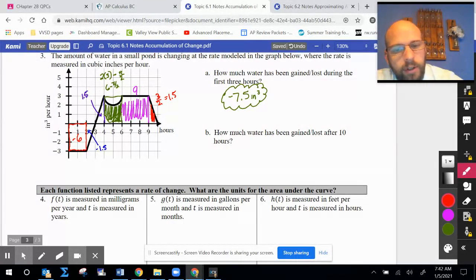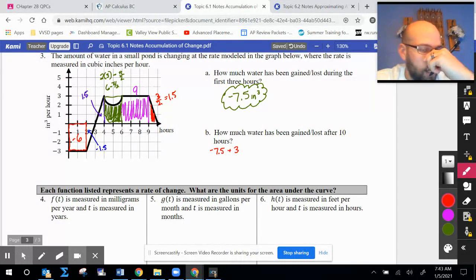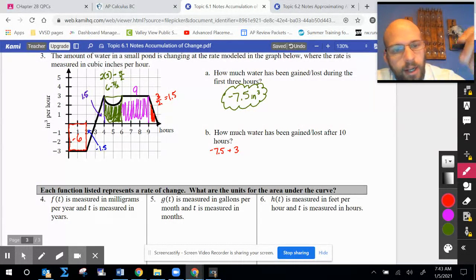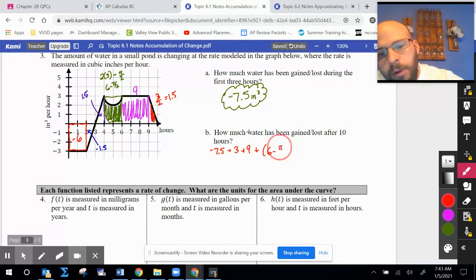So I have the negative 7.5 from part A. Then I'm going to add 1.5, so I'm just going to call that 3, right? I'm going to add 1.5 for the triangle in the beginning, the triangle at the end. So that's 3. And then I'm going to add a 9, and I'm going to add a 6 minus pi over 2.